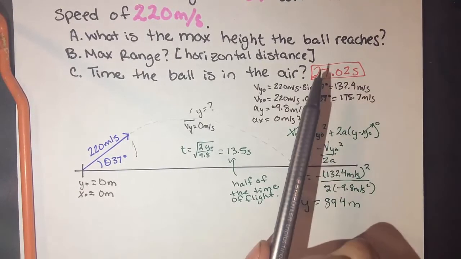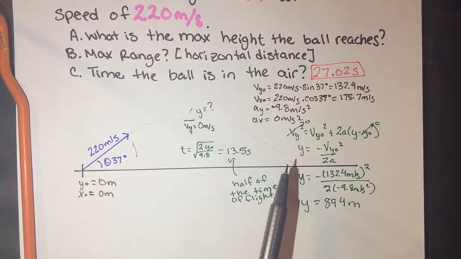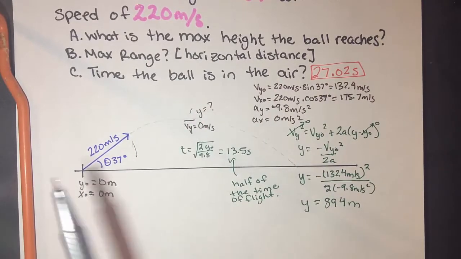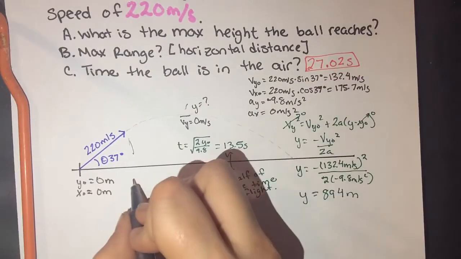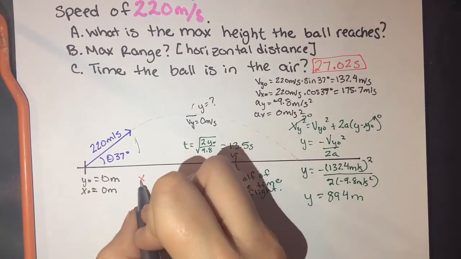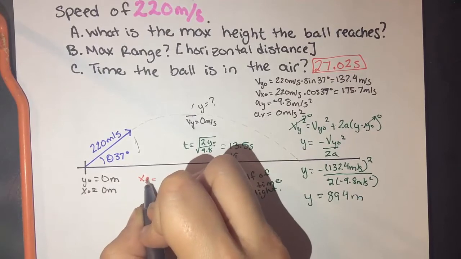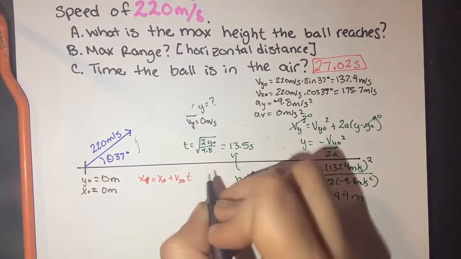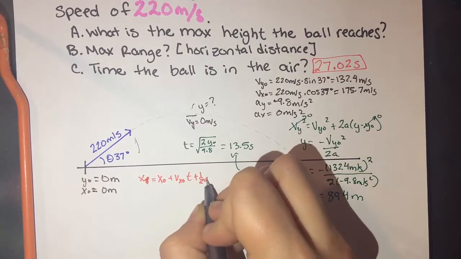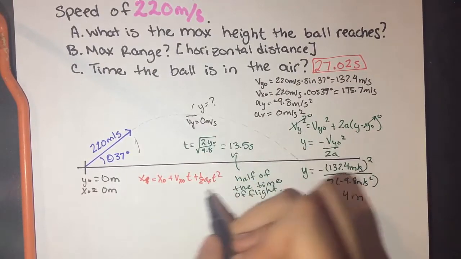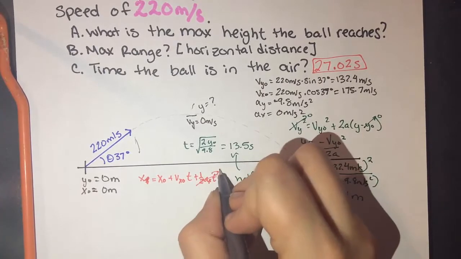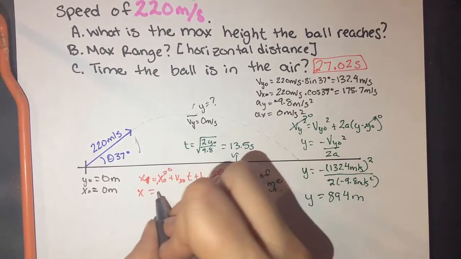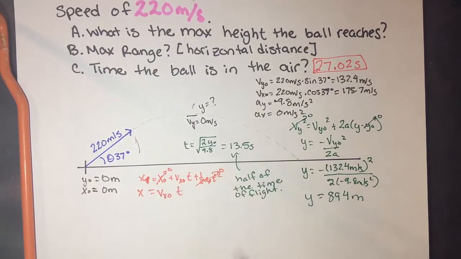Now that we have this number, our horizontal range is going to be treated the same way as we saw the horizontal range treated in the last problem. We saw that x was equal to x naught plus vx naught t plus 1/2 ax t squared. Remember, our ax is 0 and our x naught is 0, so x is going to equal my vx naught times t.